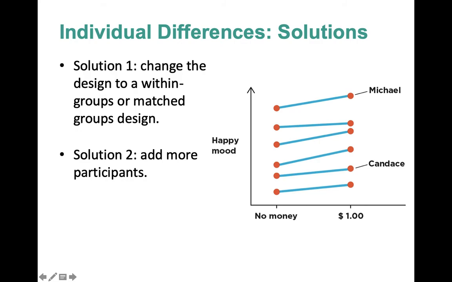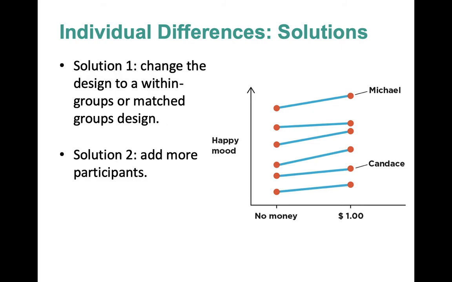So the big advantage here is that because each person receives both levels of the independent variable, the individual differences are controlled for. It's much easier to see the effect when the individual differences aren't obscuring the between group differences. And you can also do that with a matched groups design.